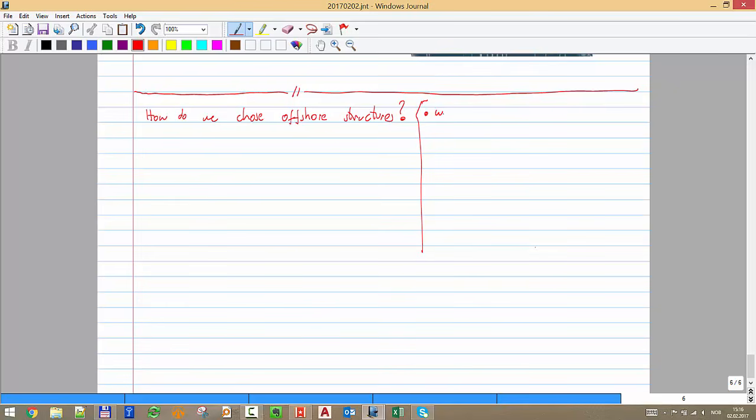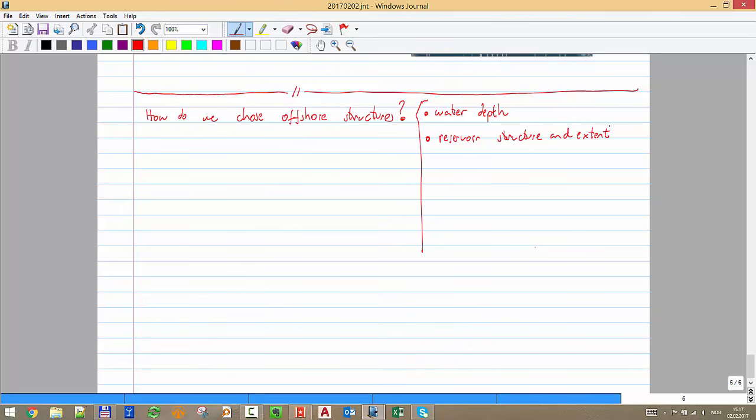So first, one of them is water depth. We're going to see that right away. Another thing is artificial lift. No, another thing that goes before that is reservoir structure and extent.